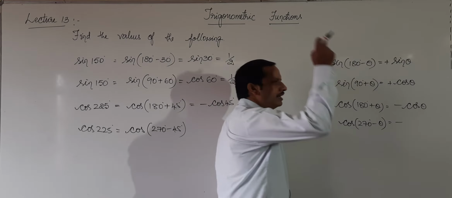When we are using the vertical line, we have to change to its cofunction. For cos, the cofunction is sine. So we get minus sine theta. Cos(270 minus theta) is equal to minus sine theta. Theta is 45 degree. Hence, the answer is minus 1 by root 2. Sin 45 is 1 by root 2. That's well known to you.